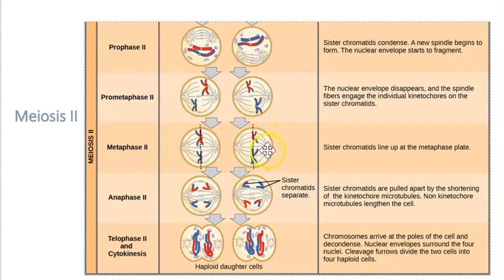There's going to be a spindle fiber attached to each of the sister chromatids that make up each of our chromosomes in the duplicated state. As we move into anaphase 2 of meiosis 2, those two sister chromatids are going to be separated. They're going to be pulled apart from one another as the mitotic spindle shortens. And then as we move into telophase 2 and cytokinesis 2 of meiosis 2, we are going to have our 4 haploid daughter cells.